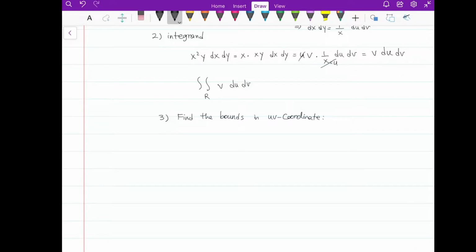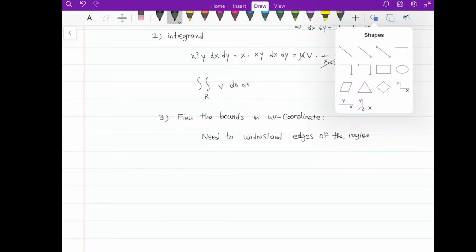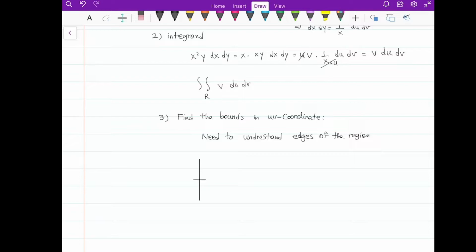To do that, we just need to understand the edges of the region. The region, as we discussed, was just a square in x, y, because x was from 0 to 1 and y was from 0 to 1.